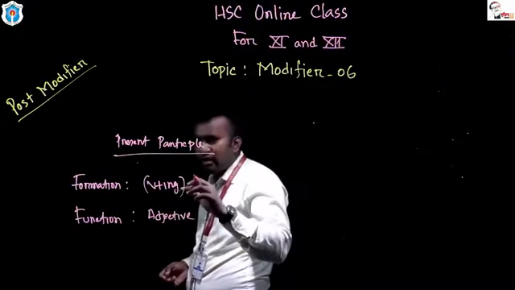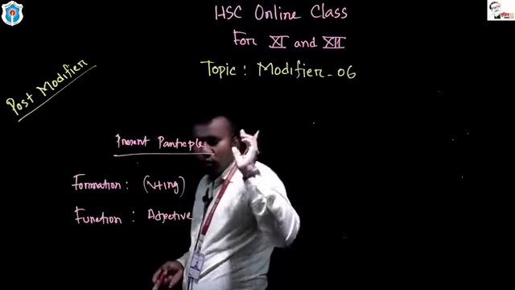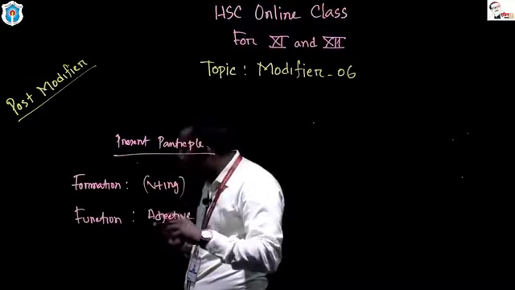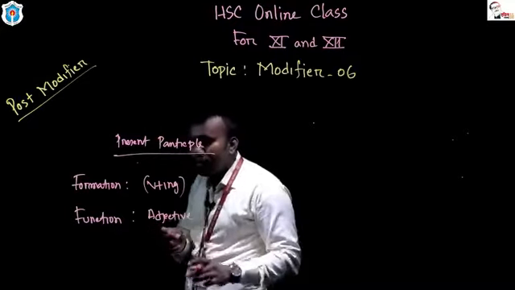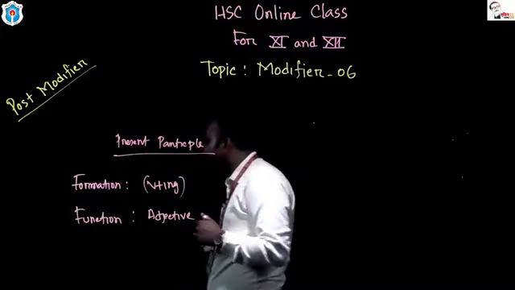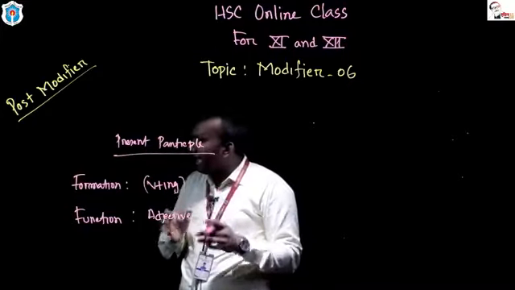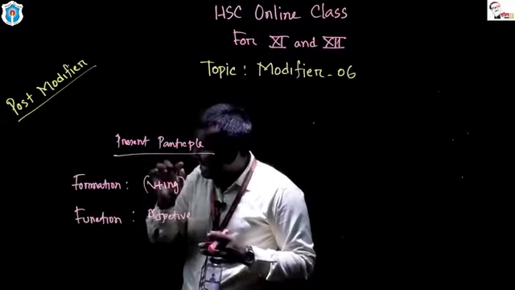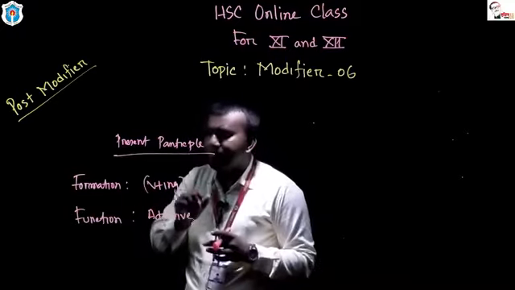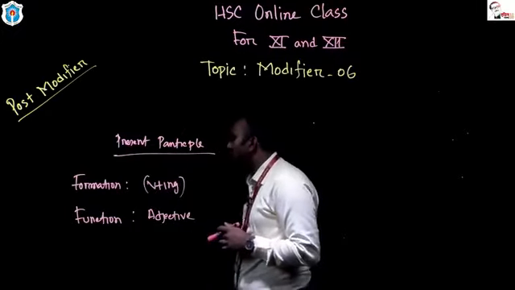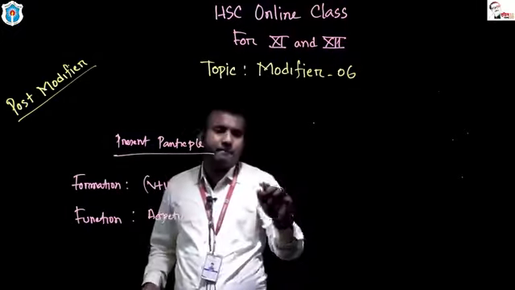When you get a form of verb, that is verb plus ing, and if this verb plus ing form works as adjective, it will be called present participle.